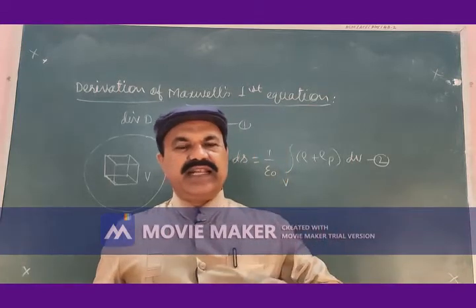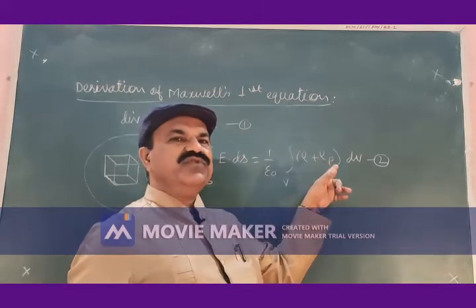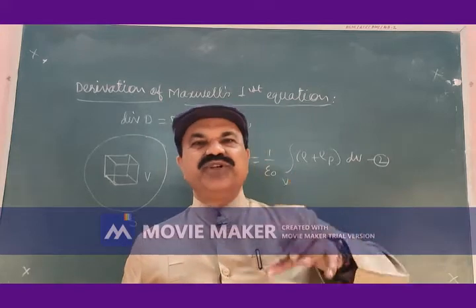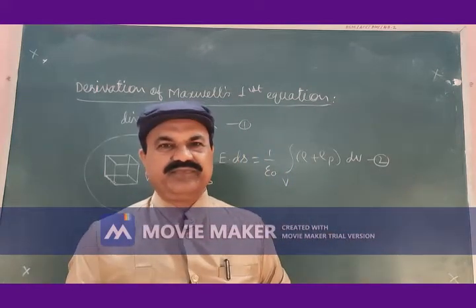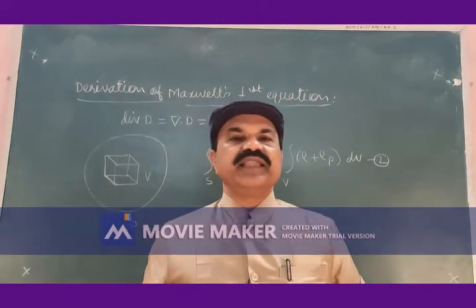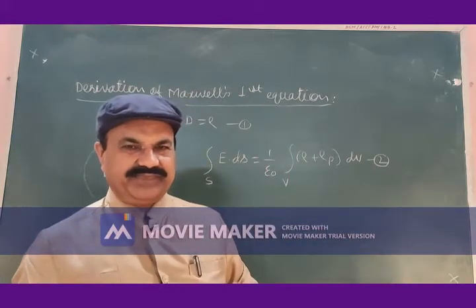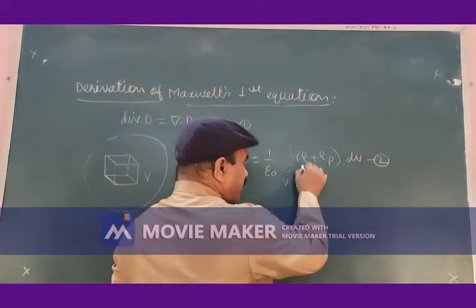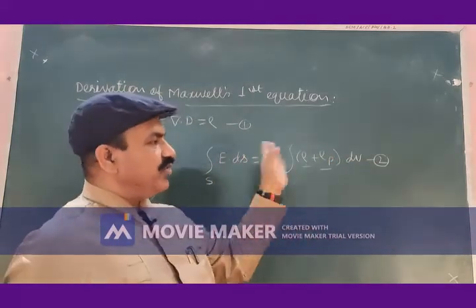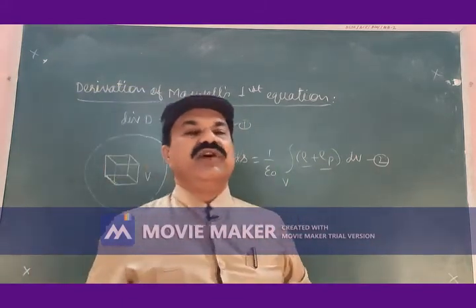In every dielectric material, charges are present in two forms: rho, the charge density, number of charges per unit volume because of free charges; rho p, the charge density because of polarization. Let me explain what is rho and what is rho p. After that we shall proceed to solve this equation, so that finally we will arrive at equation 1.